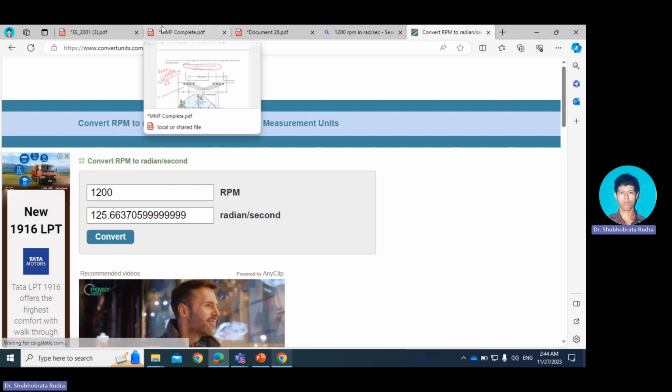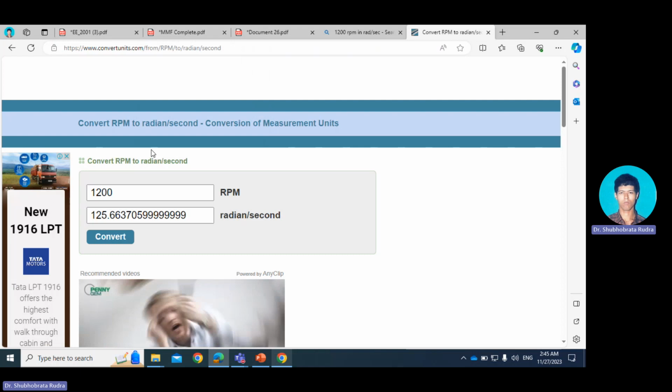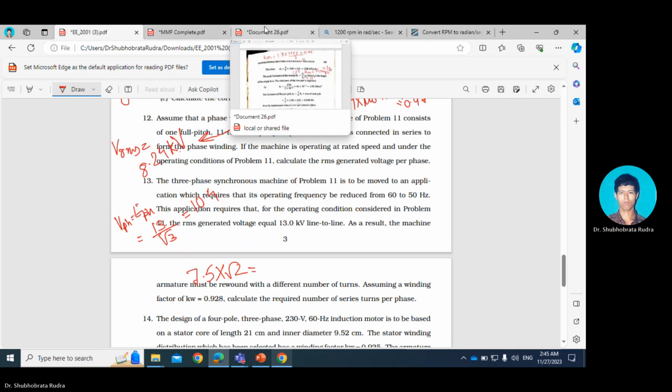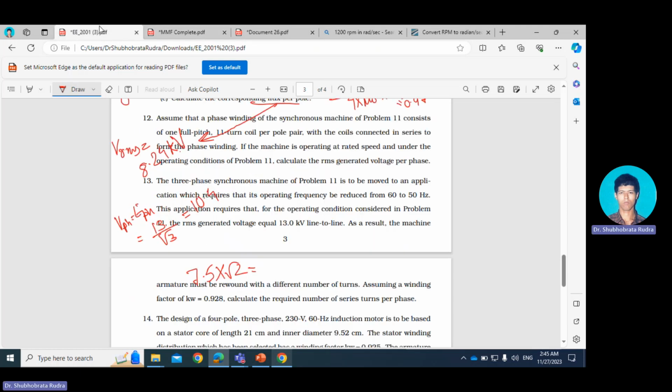It is 125. I'm trying, and I think eventually we are going to get the same answer. Into n, here, how much is your n? N is 11, right?